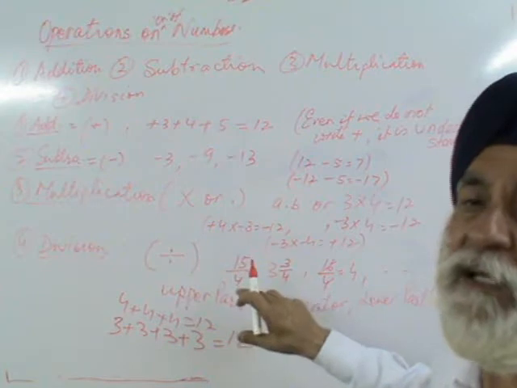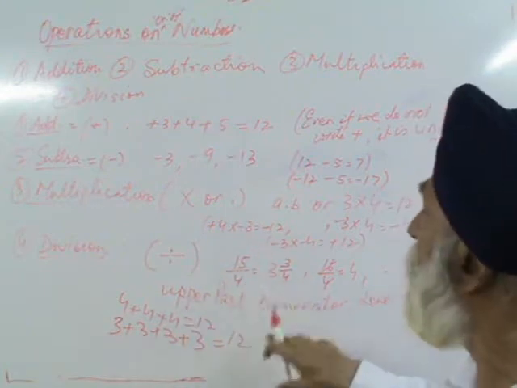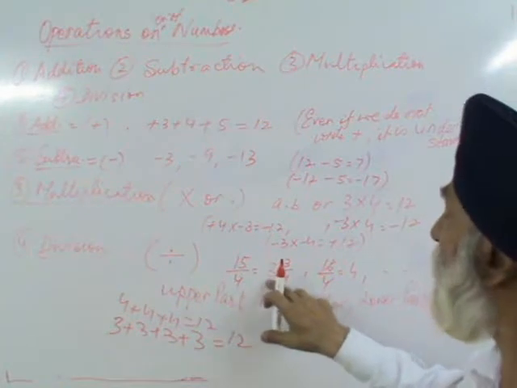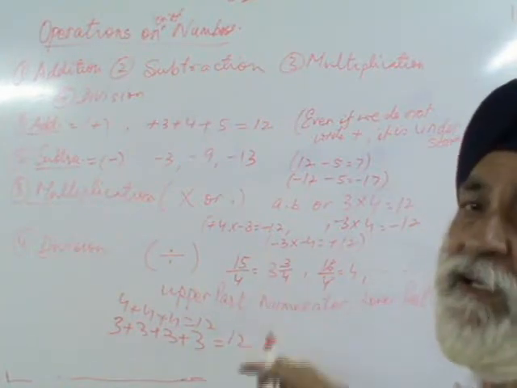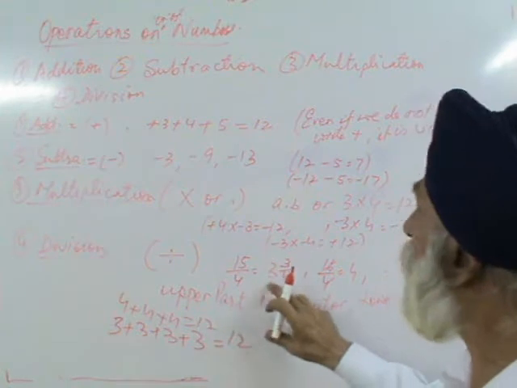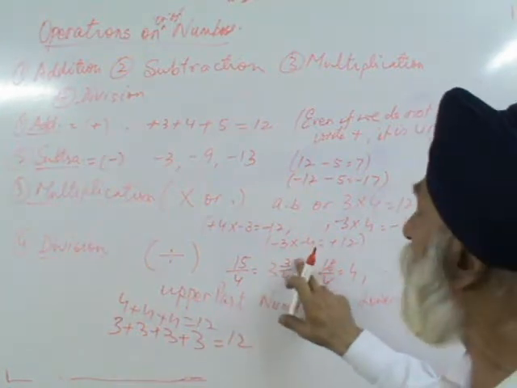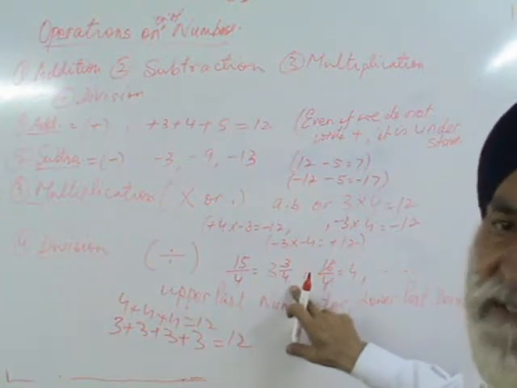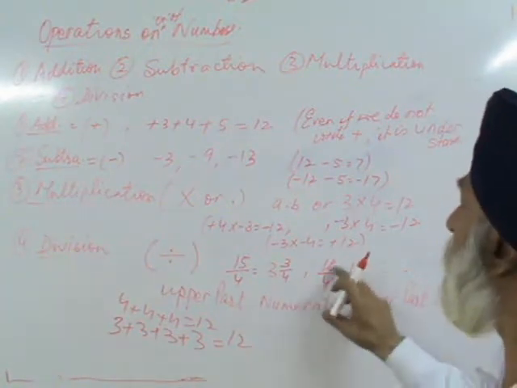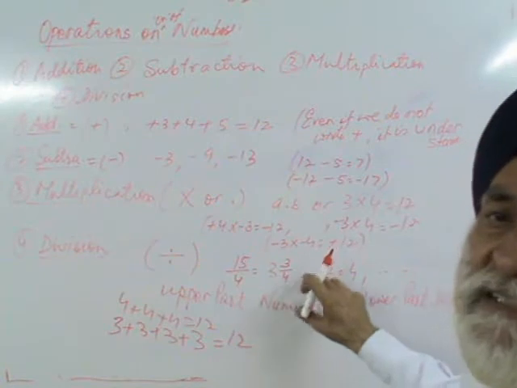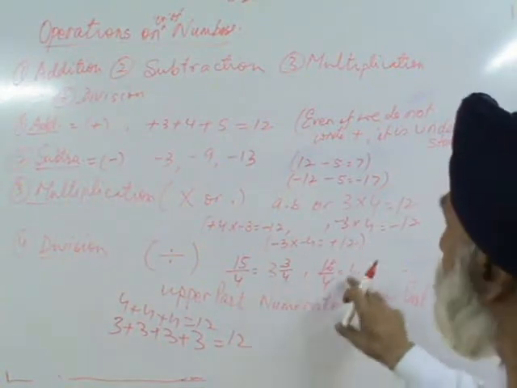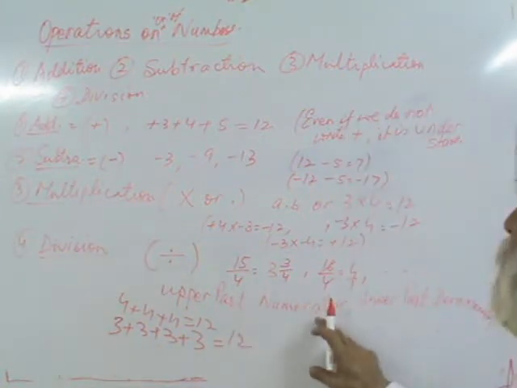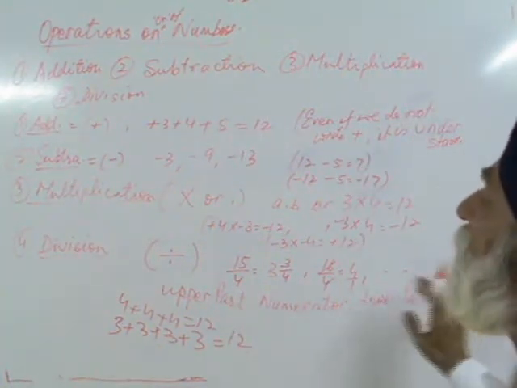Like 15 by 4, which if divided gives 3 and 3 by 4, where the first 3 is called the quotient, the other 3 is called the remainder, and 4 is the divisor. Okay? 16 by 4, where 16 is a multiple of 4, that's why we get 4 or 4 upon 1. The upper part is called the numerator and the lower part is called the denominator.